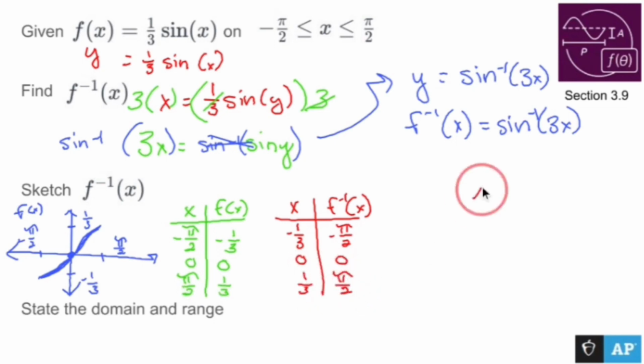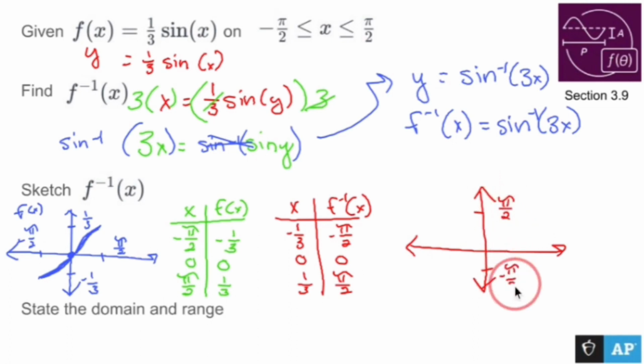So now when I graph this, I'm going to peak out at pi over 2, and I'm going to bottom out at negative pi over 2 down here. I'm going to go to the right 1/3 and to the left negative 1/3.